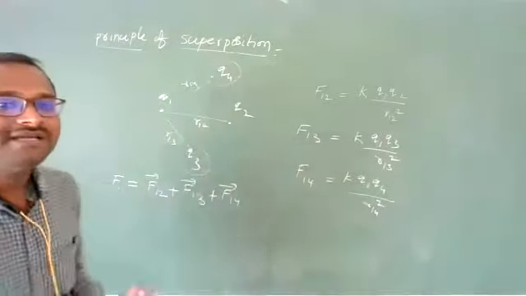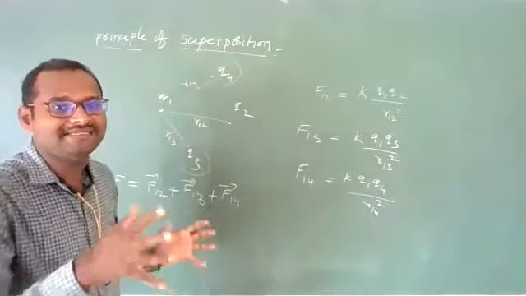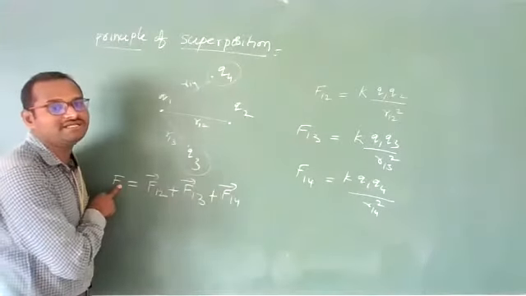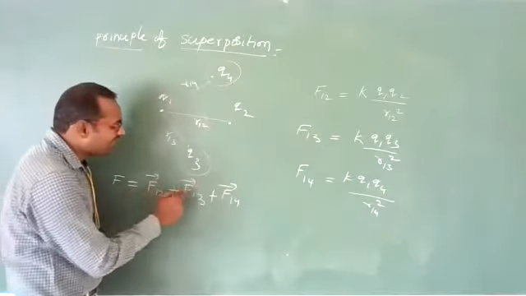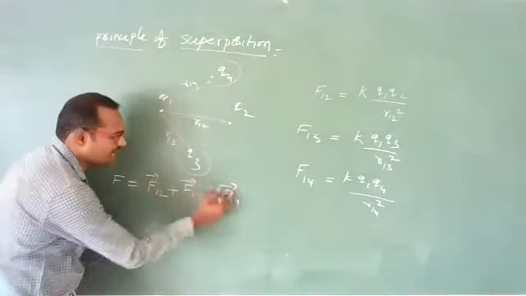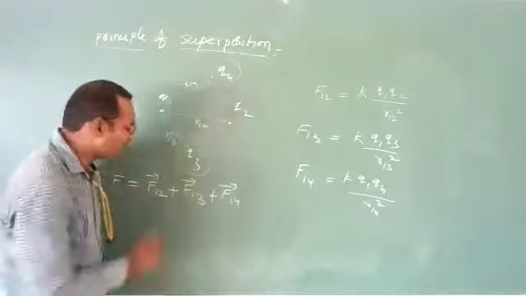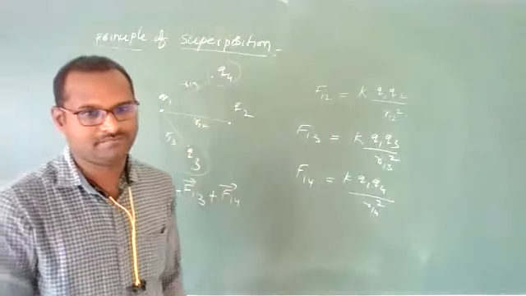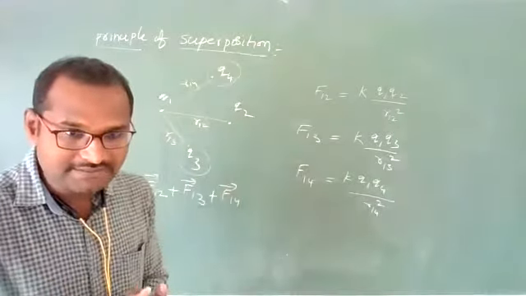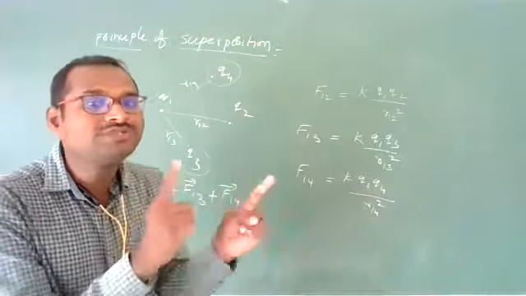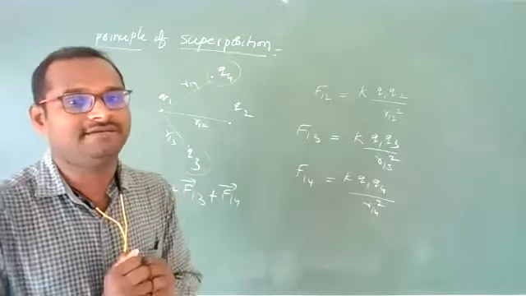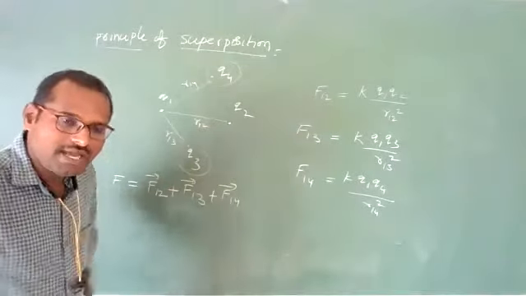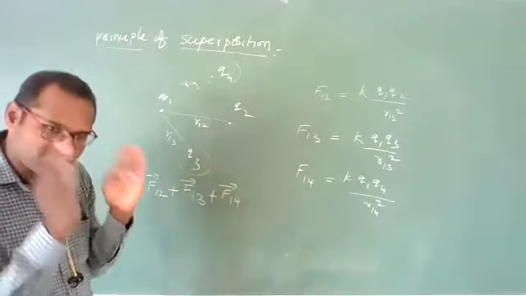That means if a number of charges are interacting with each other, then the net force on one charged particle is equal to the vector sum of all the forces acting on that charged particle, as I have written with the arrow mark. But the force between any two charges cannot be affected by the presence of another charge. How much force is there between two charges, that much will be there.